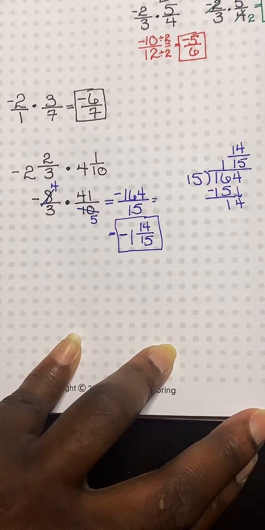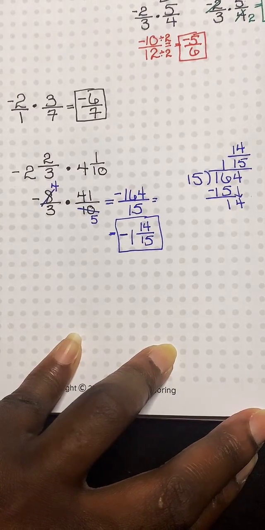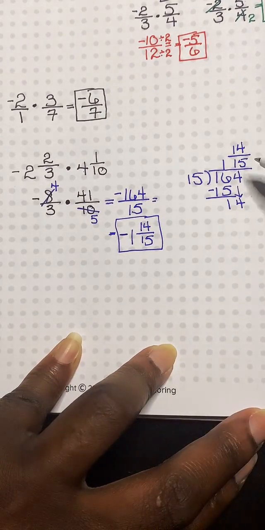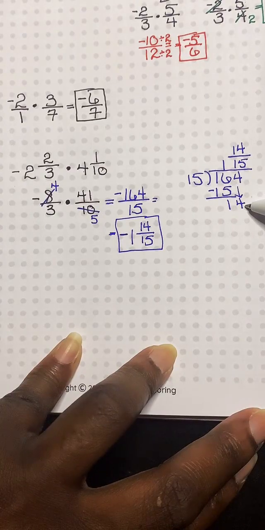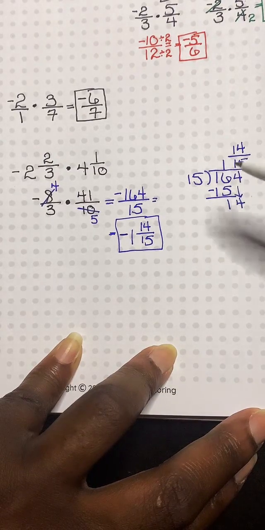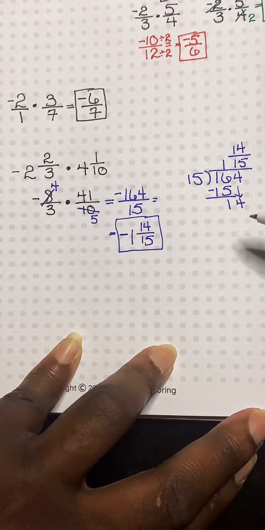Don't get confused. Here's what I'm trying to say. When we did this, we got our 14, right? Some of you said if I do it in reverse, it doesn't take us back to the 164. I agree with that. But then, why am I putting the 0?